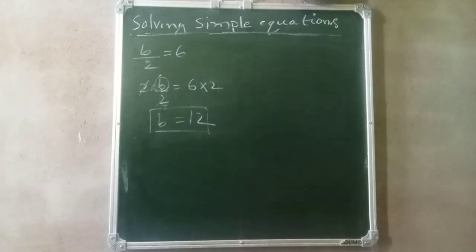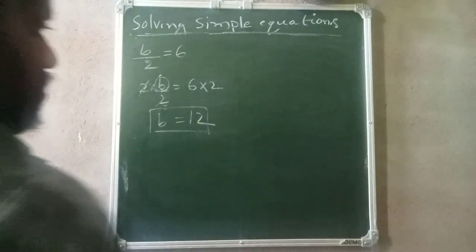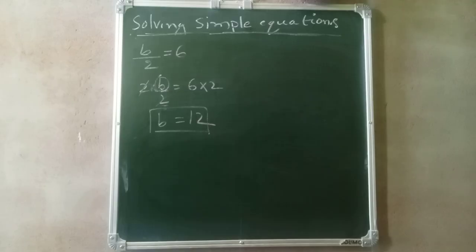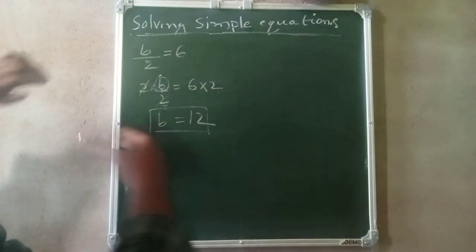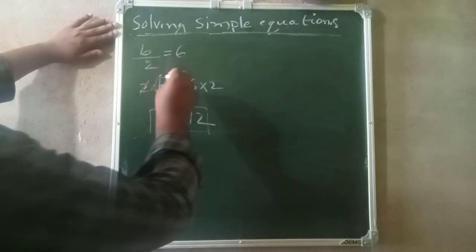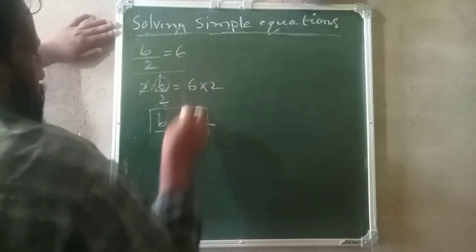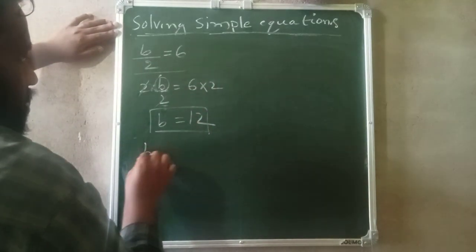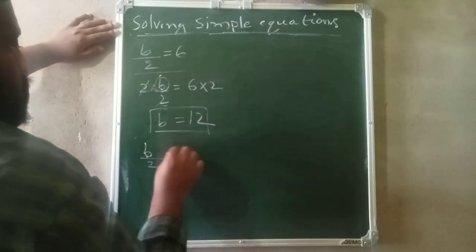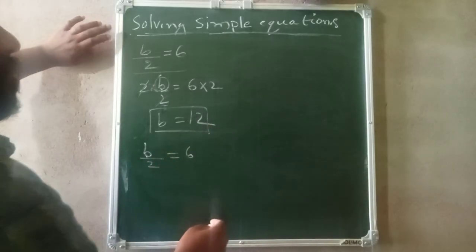Now we will check whether this answer is correct or not. For that, we'll write the given equation once again like this. b by 2 is equal to 6.